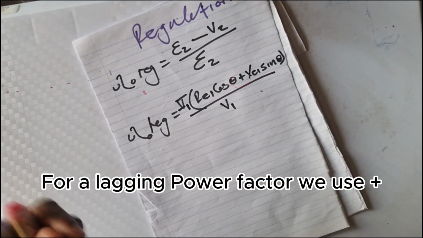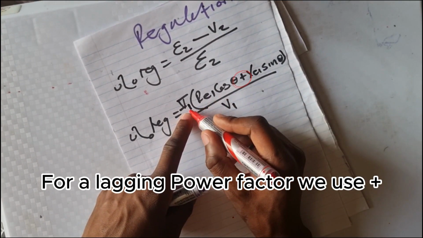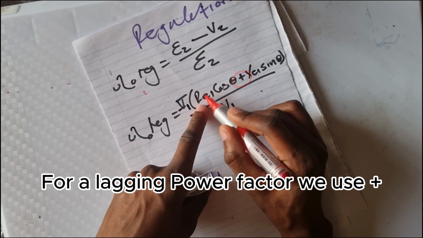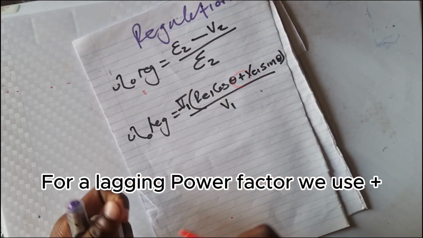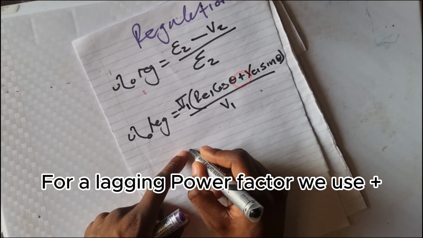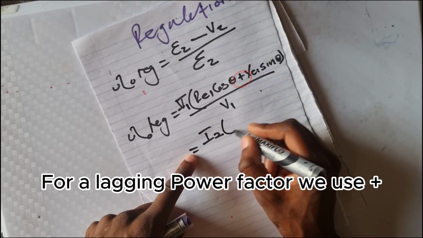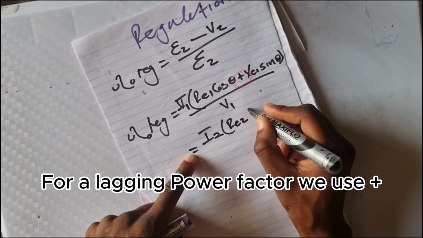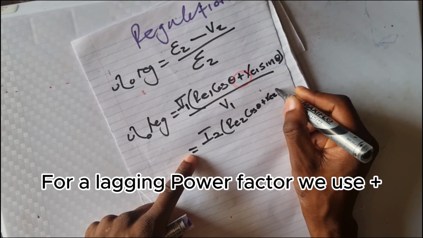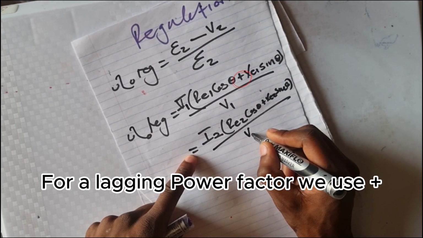So what you have to notice on this formula is that when we use I1 and V1, we have to use RE1 and XE1. And then when we refer to the secondary, it's going to be I2 RE2 cos theta plus XE2 sin theta all over V2.